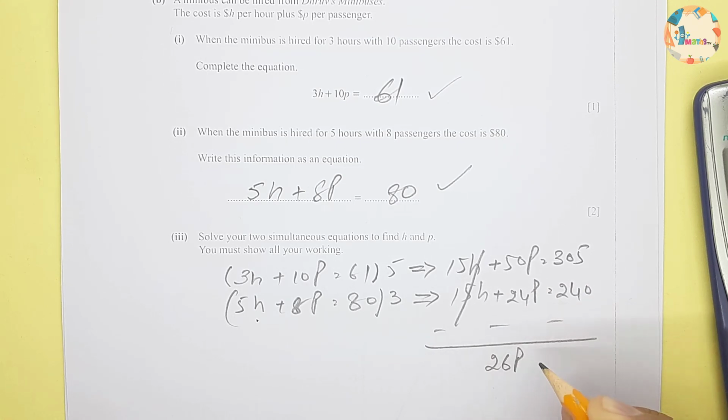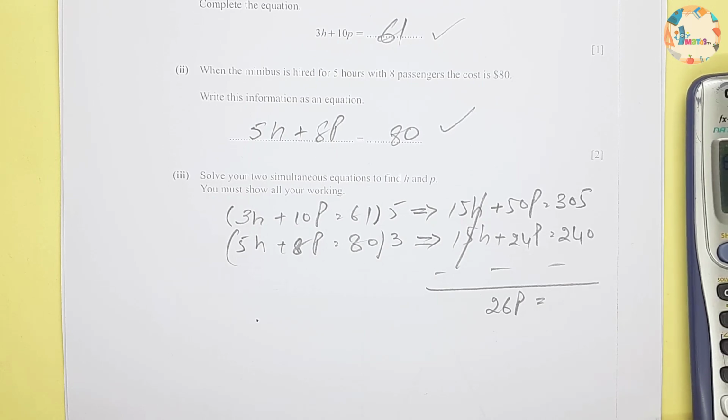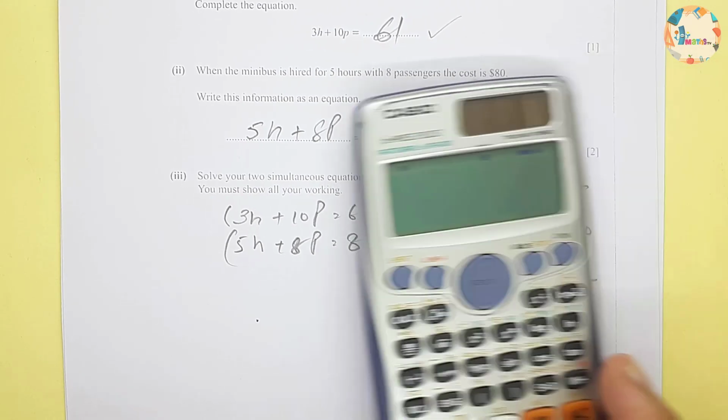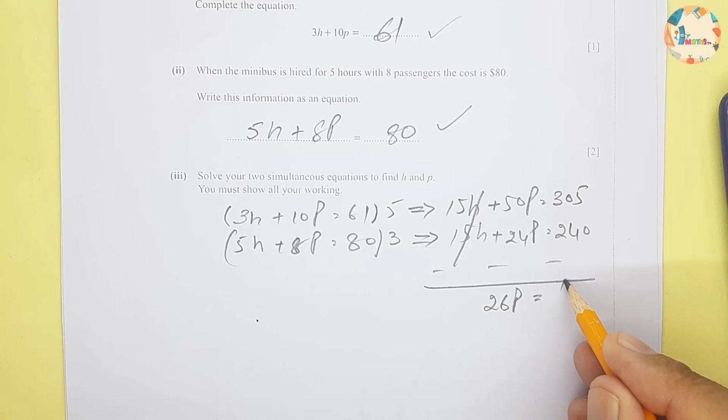So 26p is equal to 305 minus 240, this will result in 65.